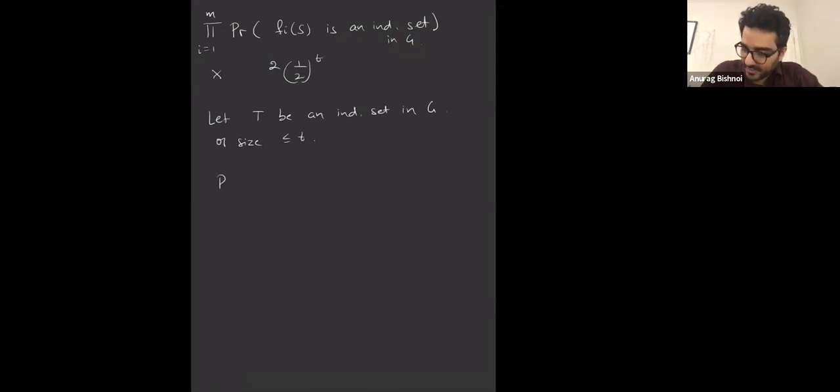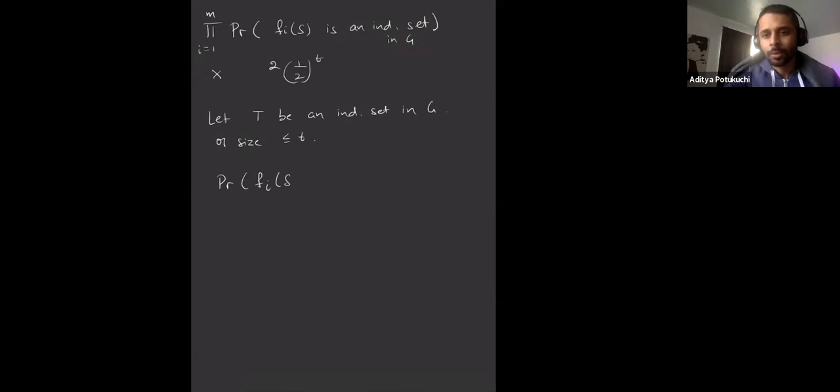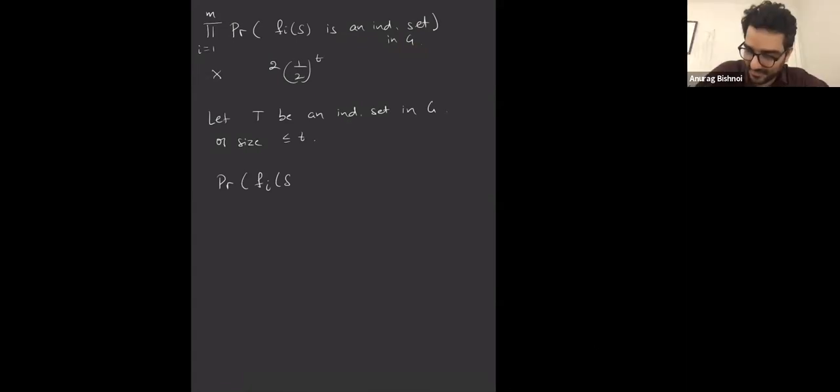Now, what exactly is the probability that for some function, as mentioned in the chat, the exponent should be t choose 2. Oh, sorry, of course, my bad. Thanks, Yuval. So this is t choose 2, sorry. You color each pair, and that's the answer.